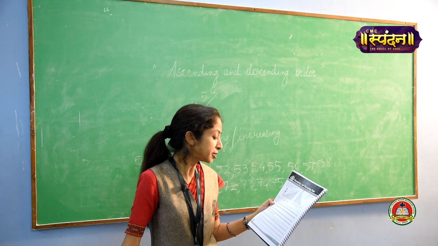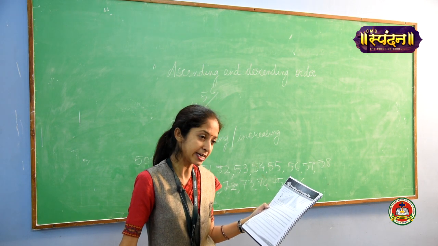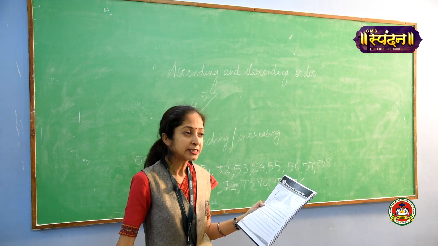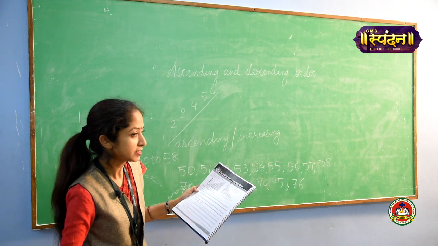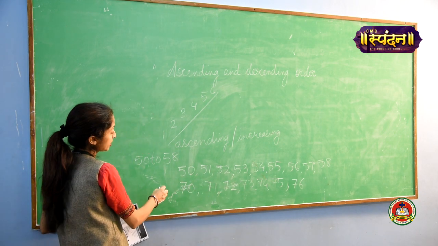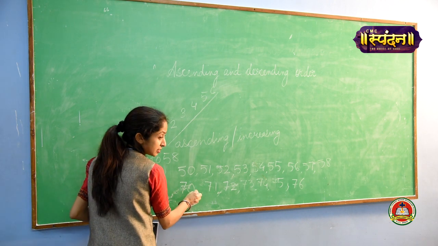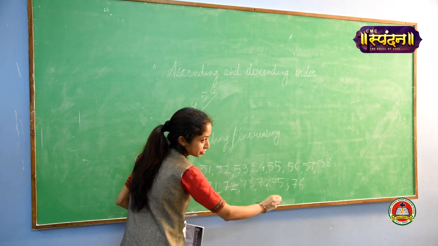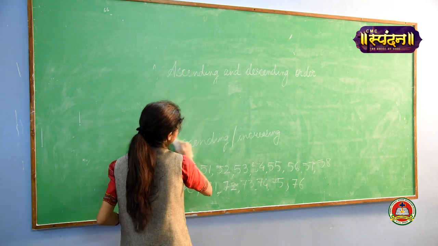Next is 37 to 42, we are going to write 37, 38, 39, 40, 41 and 42. Okay. So, in increasing or the ascending order, we are just writing numbers from small to big numbers. Is it clear? Now coming to descending orders.